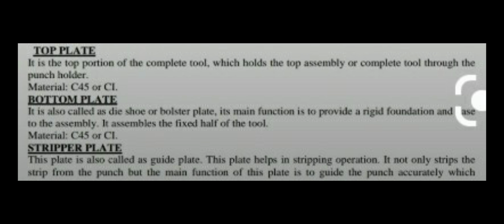Then the bottom plate, also called the die shoe or bolster plate. Its main function is to provide a rigid foundation and base to the assembly. It assembles the fixed half of the tool, and the material used is cast iron or C45.